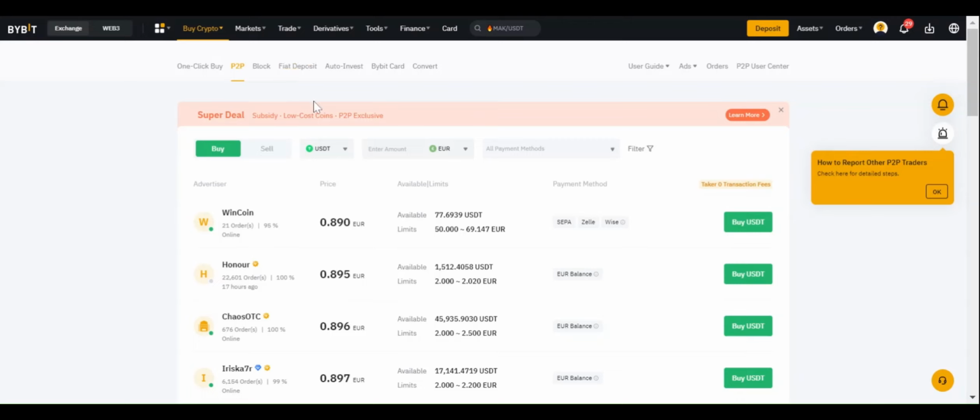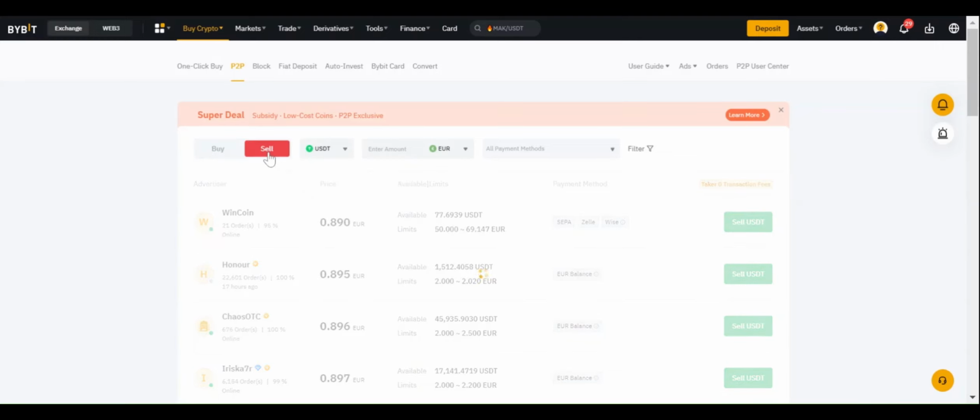Then for selling, that's when you want to convert your crypto to fiat, to dollars or to naira or to pounds, right? What you want to do is come to the same P2P and then change this to sell.